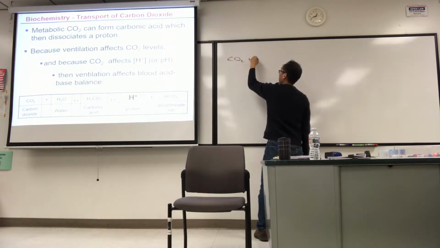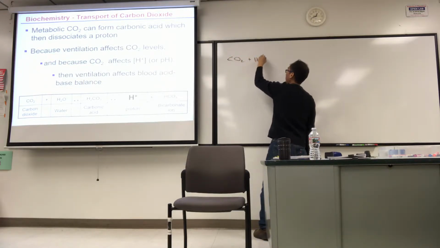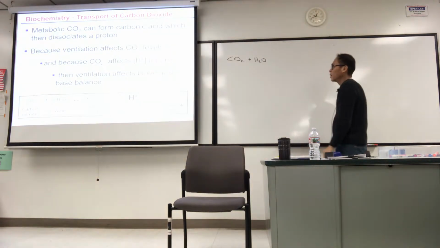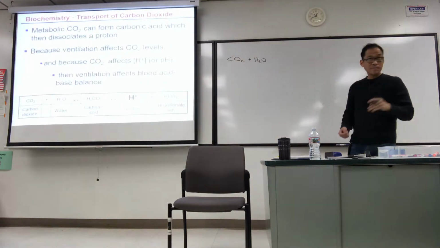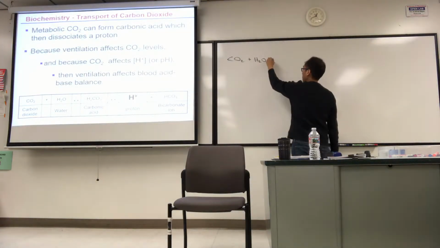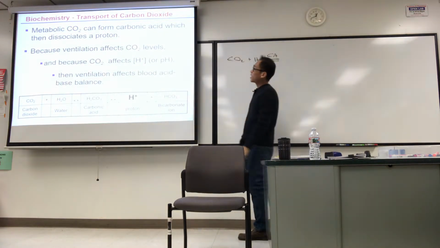CO2 can be wetted with water. It can be combined with water. And those molecules are pretty inert. They don't normally want to interact. They need an enzyme to make them combine faster. The enzyme is CA, carbonic anhydrase.